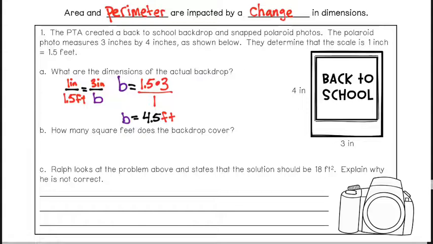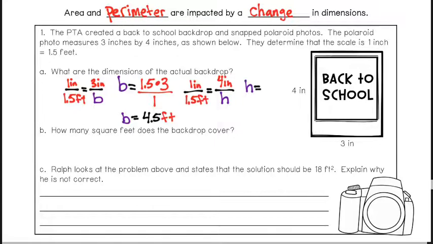I do the same thing for the height. So I set up my proportion there, and then I take the information and use the same scale factor. 1 inch is 1.5 feet, and instead of putting the base, I put the height, and I have 4 inches.